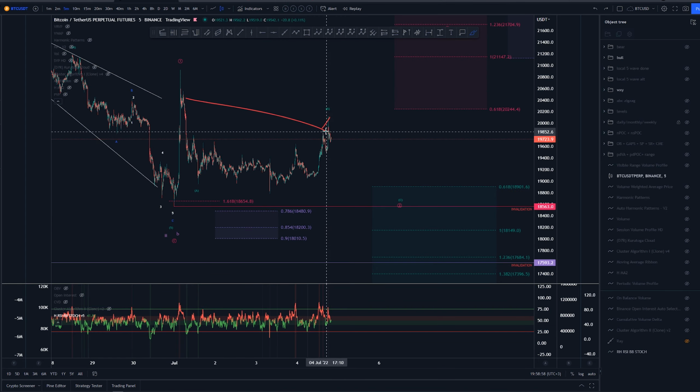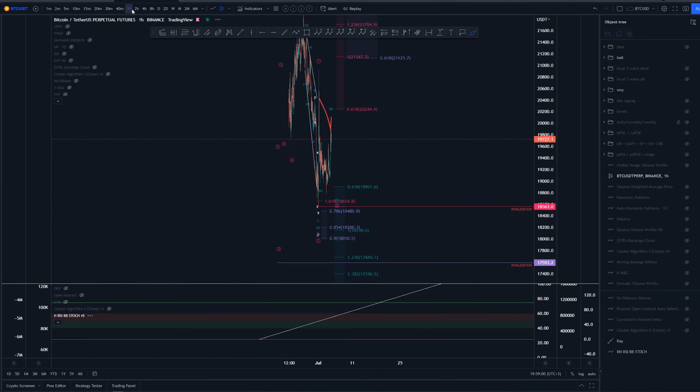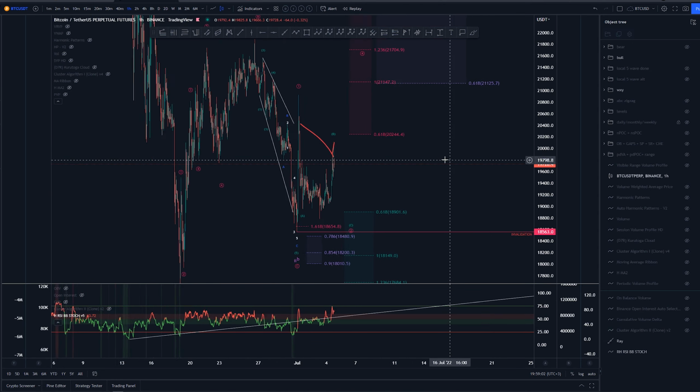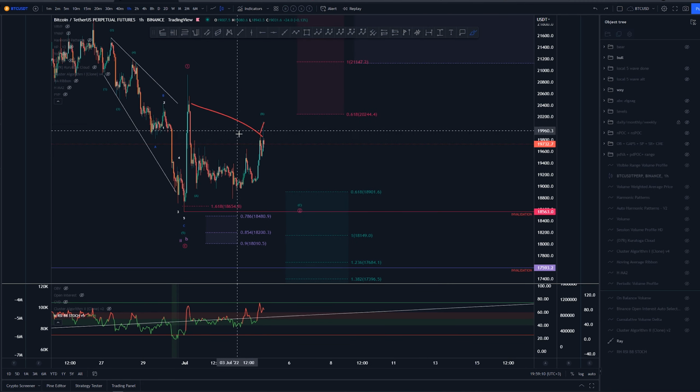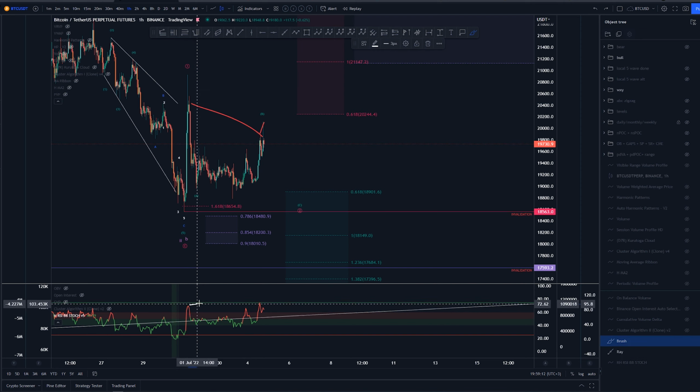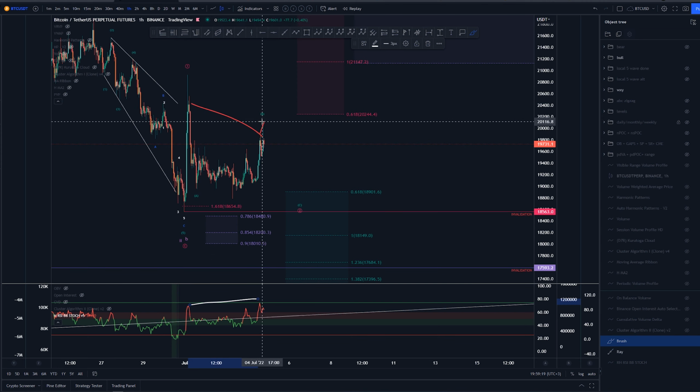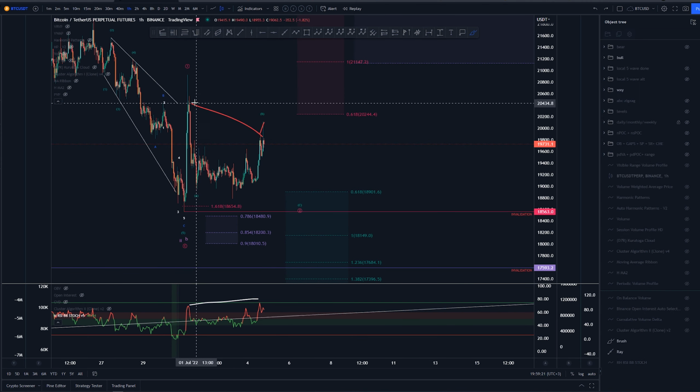Now overall, on the higher time frame, we've had already divergence between these highs that we had on that 1st of July pump and these 4th of July highs. We can see that we're creating a bearish divergence, in which again we would be looking for price to dip down related to this higher time frame divergence.